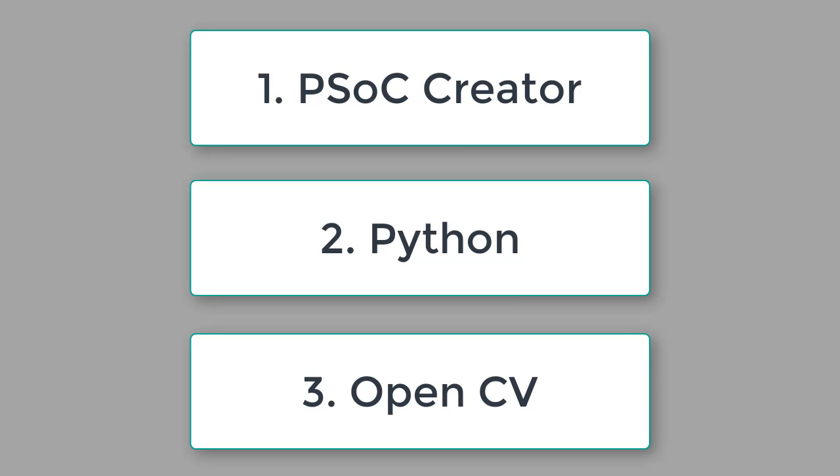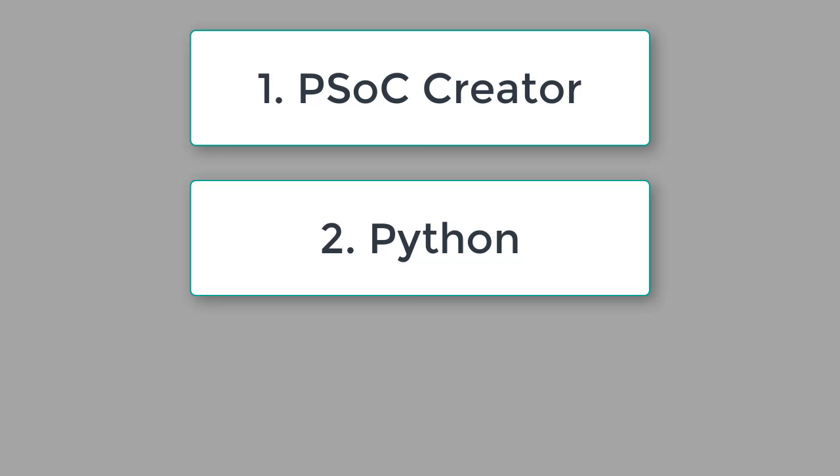Today, we will install and test just the first 2 software packages, PSOC Creator and Python. We will install the 3rd package, OpenCV, later in the course when we are ready to start using cameras.